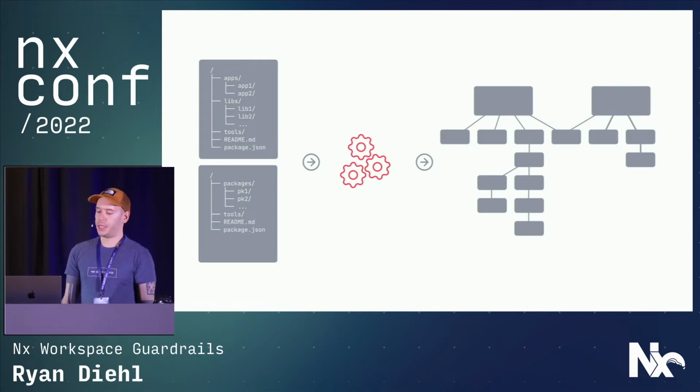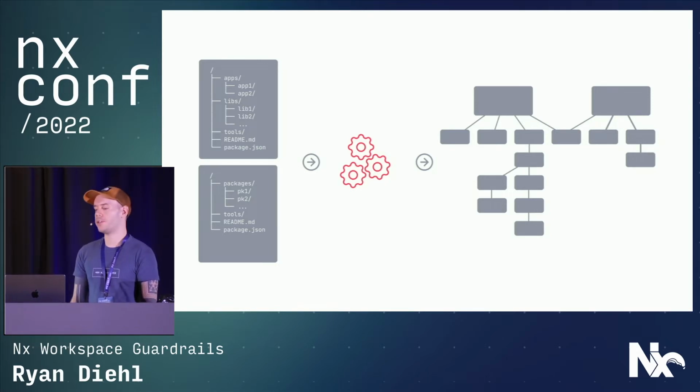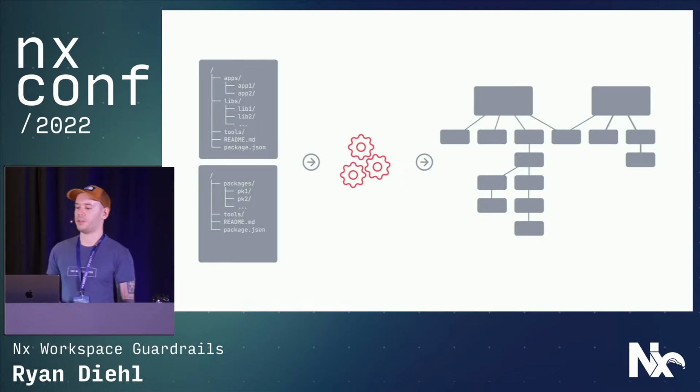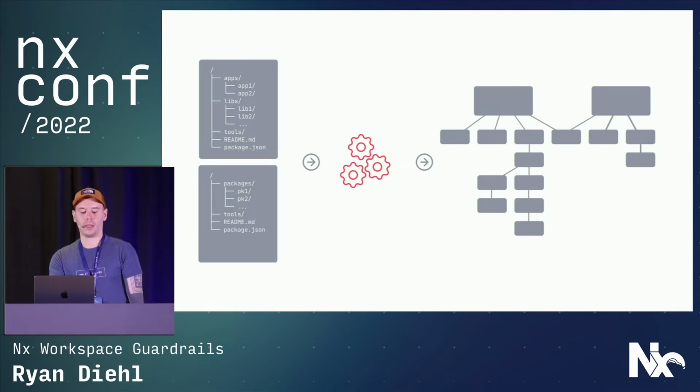So we now have a high-resolution graph that NX is creating for us of what's going on inside the code, and we can look at that graph with the NX graph command. NX does that mental map basically for us, and it's always up to date because it always recreates it and looks at all those imports behind the scenes.